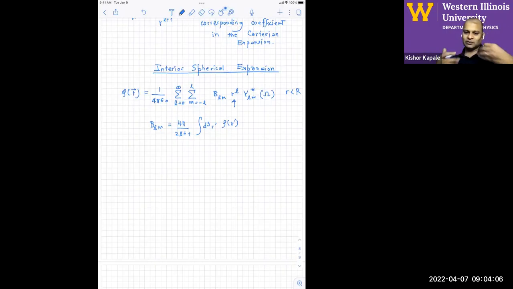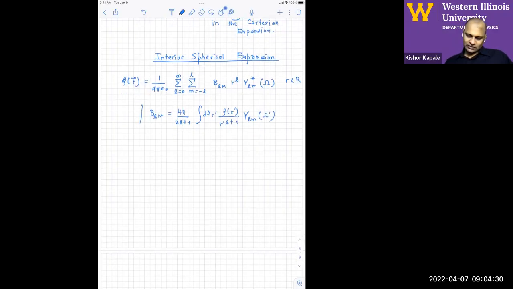So the position dependence has changed now. And you have here r prime to the power L plus 1 going in the denominator. So r and r prime essentially interchange their roles. Okay, so that's how that happens.